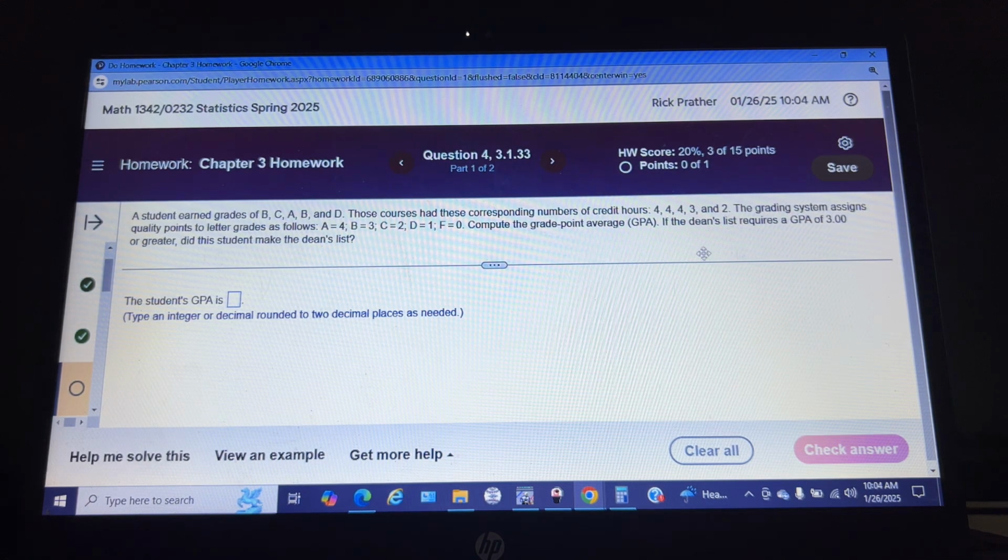The grading system assigns quality points to the letter grades, and we probably all know this: an A is worth 4, a B is worth 3, C is worth 2, D is worth 1, F is worth 0. Find their grade point average.